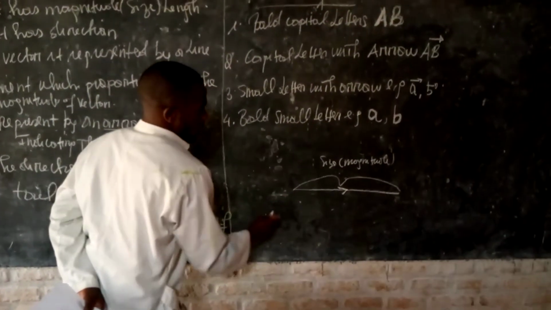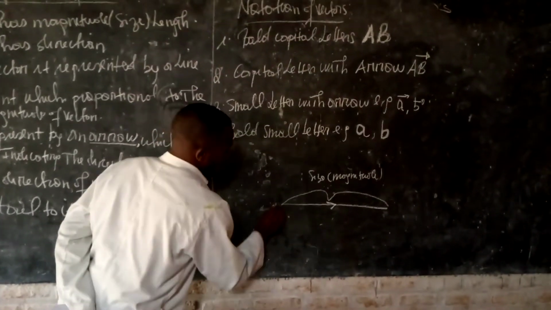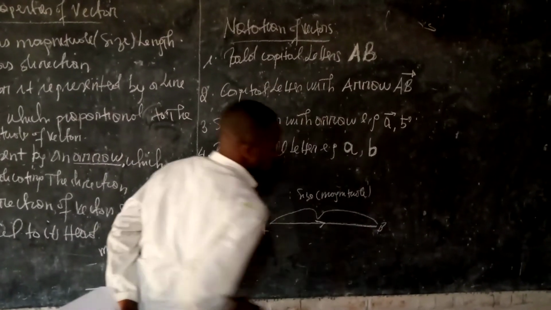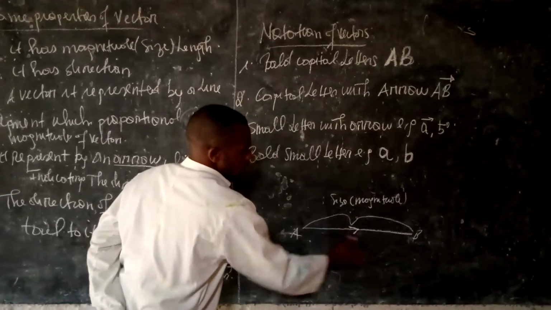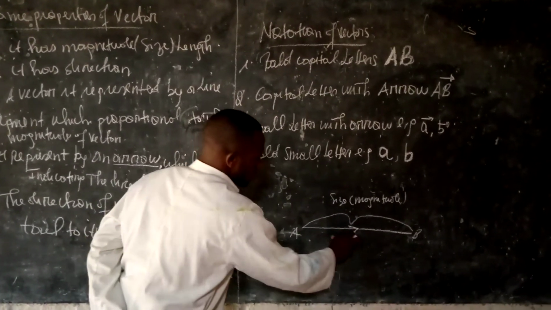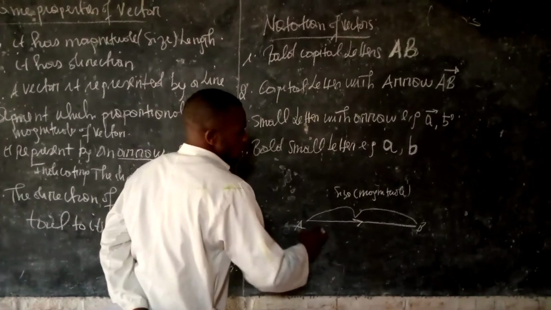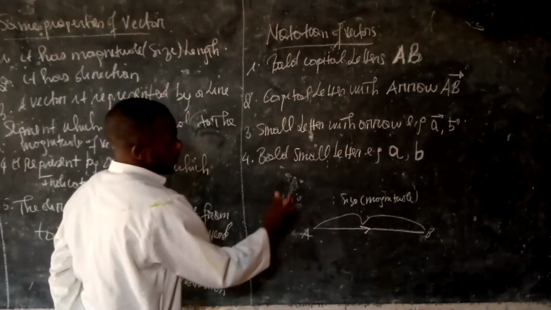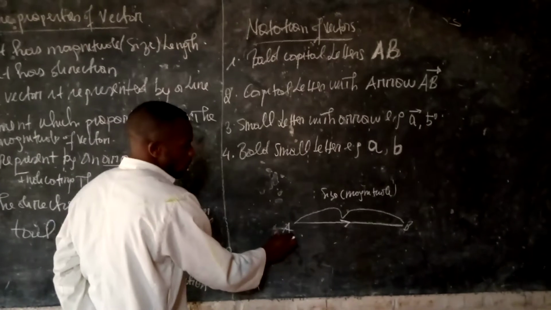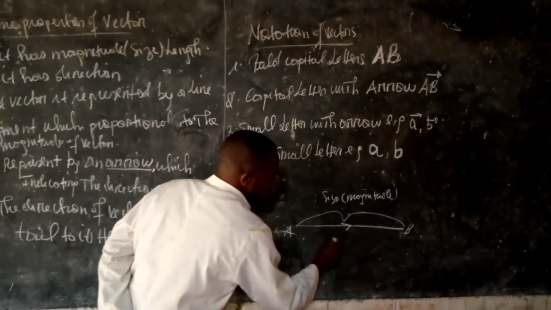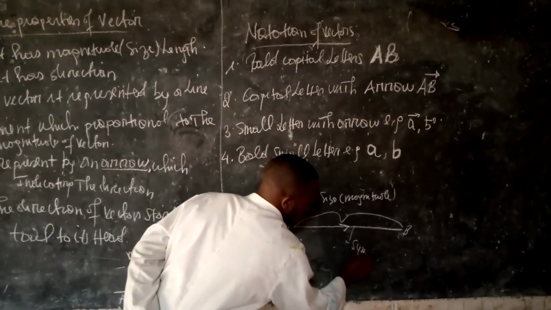If a car travels from point A to point B, this direction indicates where the car starts to make a motion. The journey of the car travels from point A to point B. This one is a symbol of vectors.